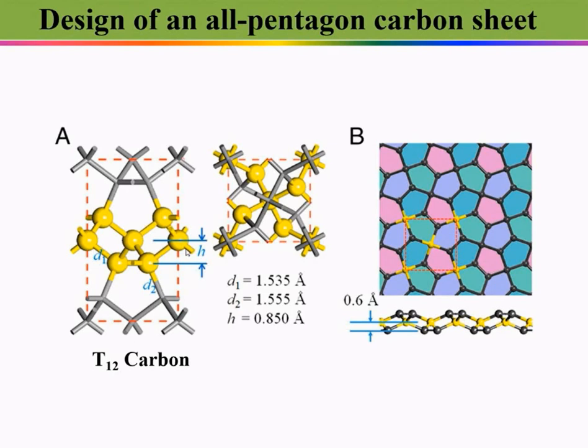This middle layer, if you think of it, has 3 different sub-layers: one in the middle, and one at the top and the bottom. And here the carbon-carbon distances are different. There is one carbon-carbon bond that is 1.54 angstroms long, and the other carbon bonds are 1.56 angstroms long.